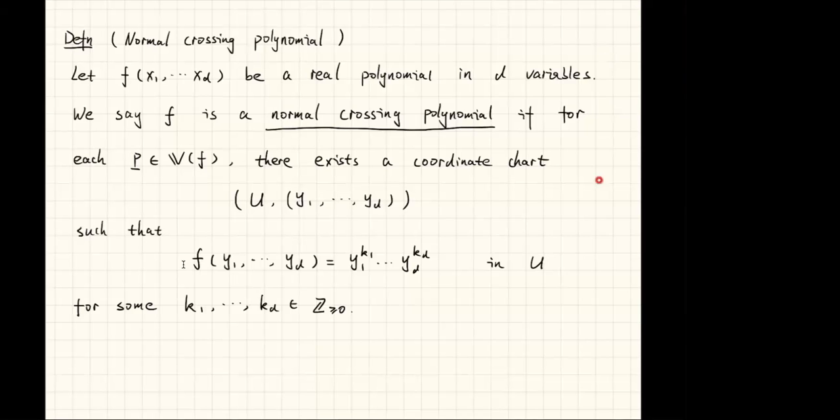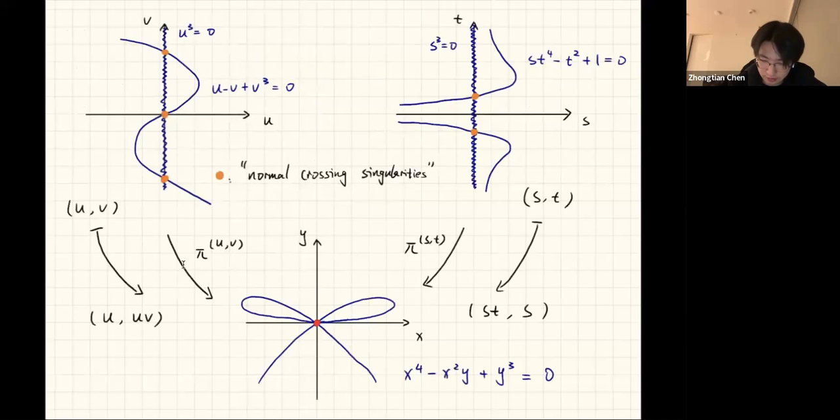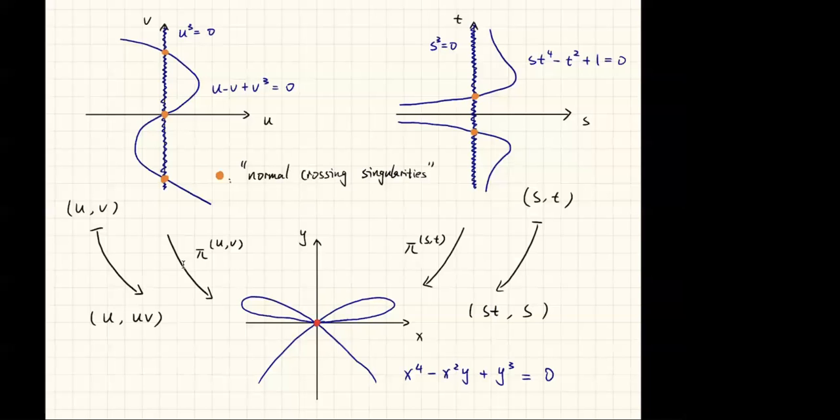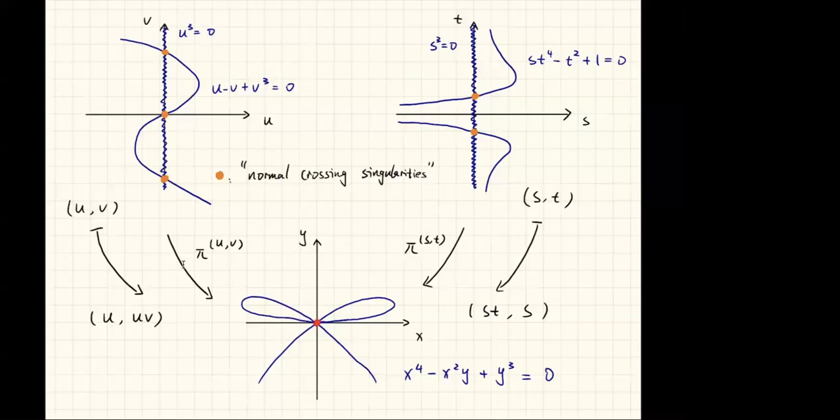Sure. Can you go back a page or two? Yeah. So the bottom thing right there is not a normal crossing? Yeah, it is not. Why not?